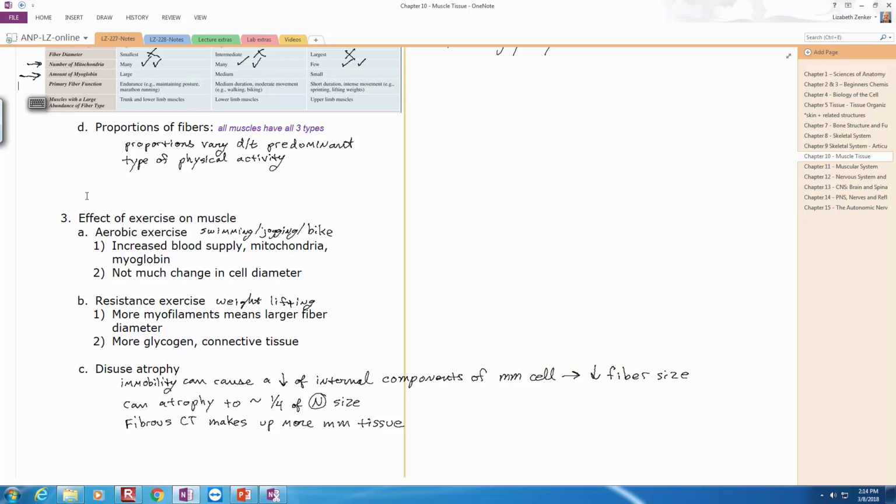Mitochondria has its own DNA, so it can make more of its own mitochondria. Myoglobin is a protein, so inside of your cell, you can make more myoglobin also, because now you need more oxygen carrying capacity, since you need more oxygen to do those activities. So again, this is over time. Not a lot of change in the cell diameter, so the cell doesn't get bulkier looking.